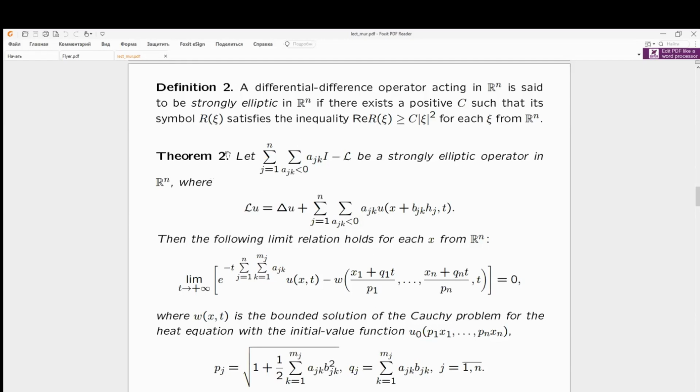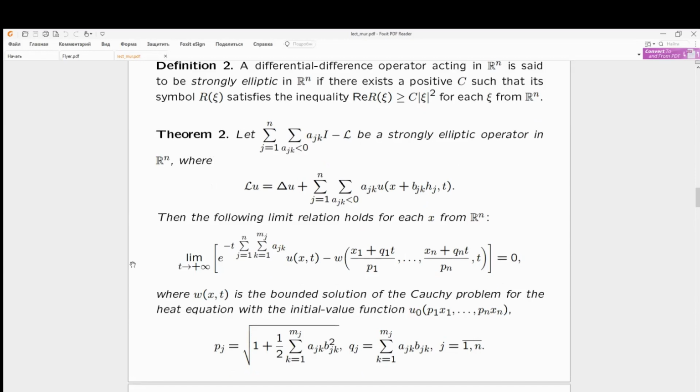And once we impose this restriction, then the following limit relation holds for each x from Rn. So the weighted solution minus the function w of these independent variables. I shall explain what w is a bit later.